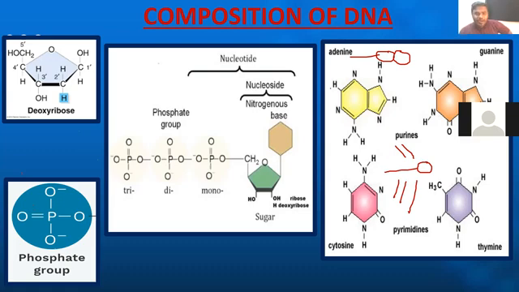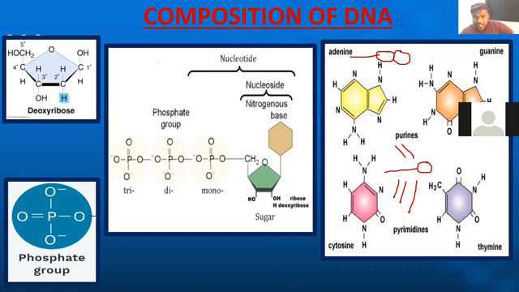We have read base separately, phosphate group separately, sugar separately. But if all are arranged separately, do you think a nucleotide can form? A nucleotide never forms. Okay, now all of you have to listen to me very carefully, friends. These three come close together.